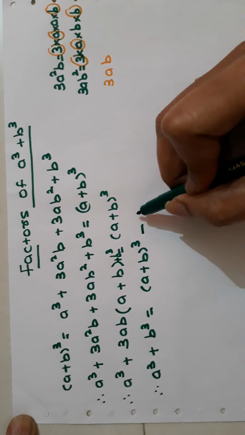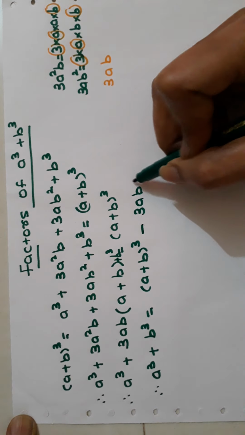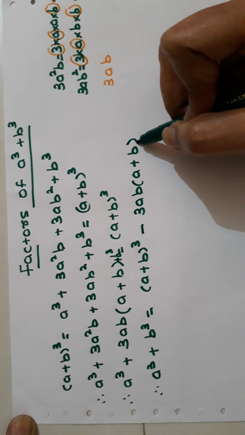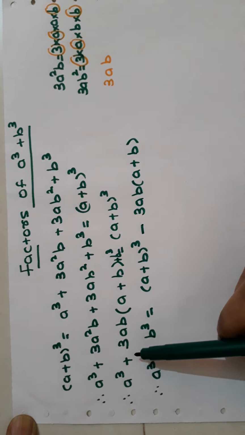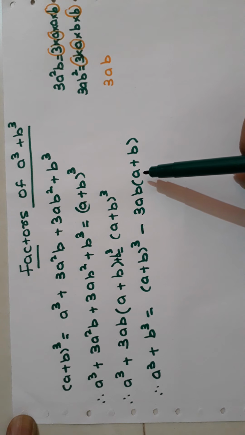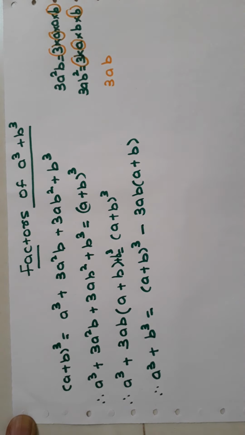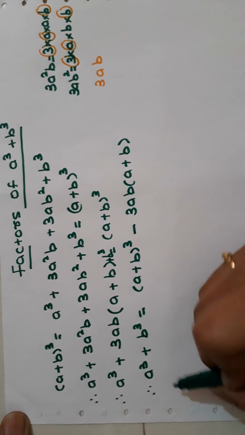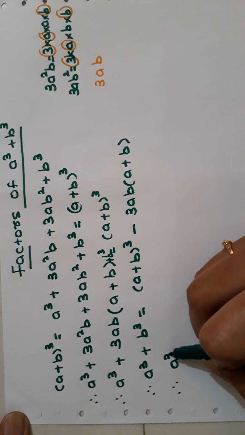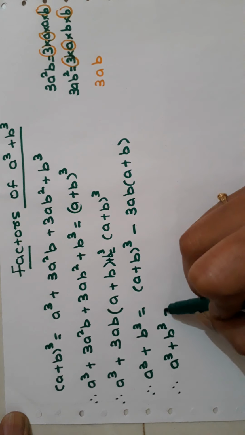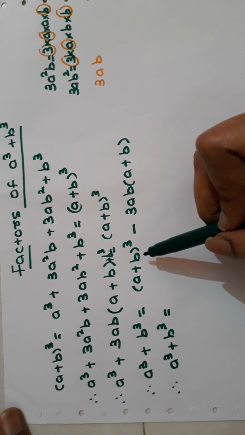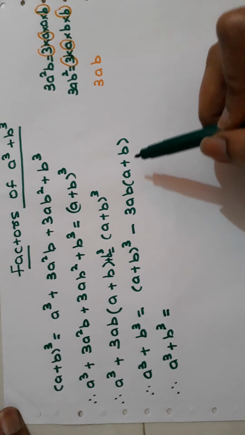So it becomes minus. If it is minus on the left hand side, it becomes plus on the right hand side, but here since it is plus, it becomes minus on the right hand side. Therefore, a cube plus b cube is equal to (a plus b) the whole cube minus 3ab into (a plus b).